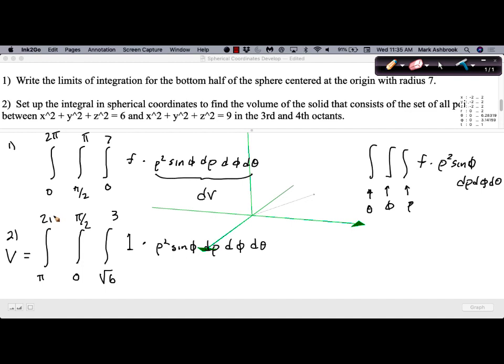So we can draw that real fast. You like it?